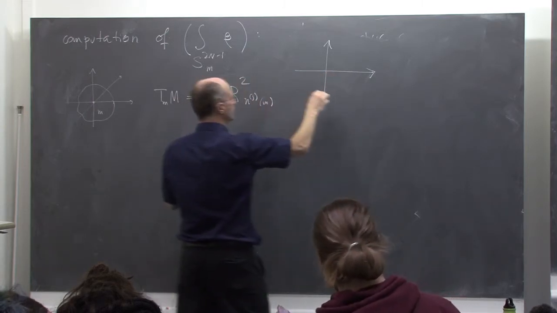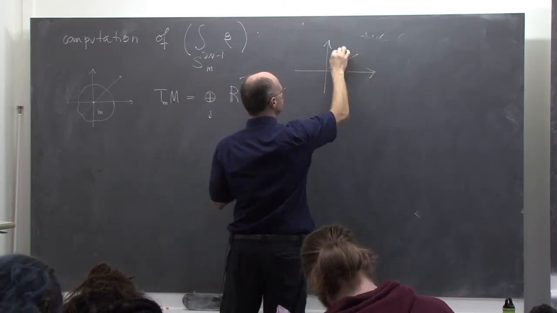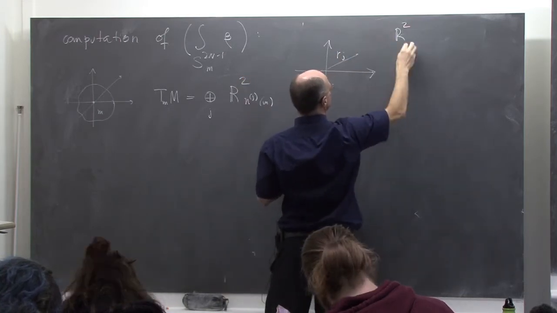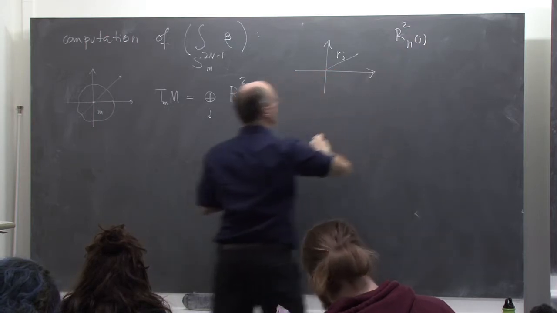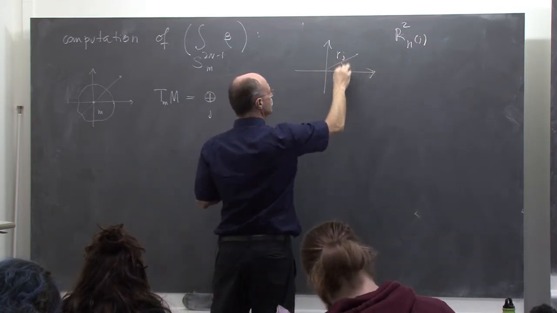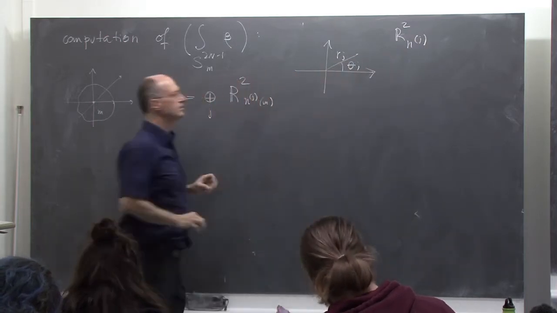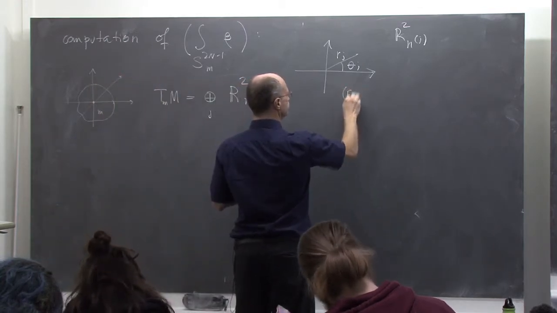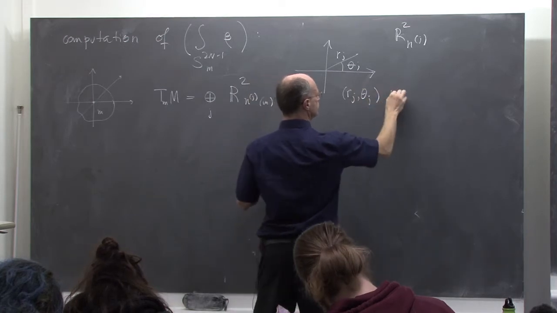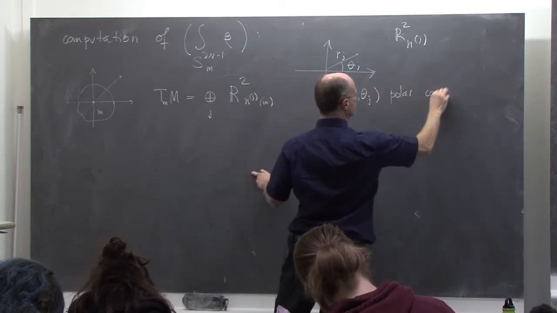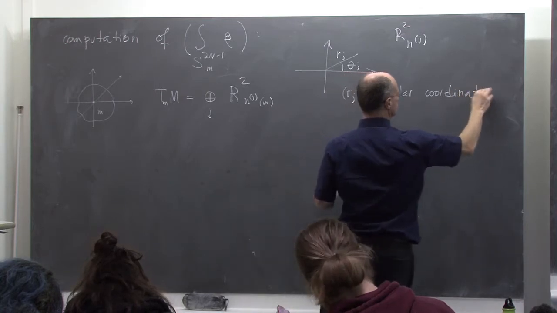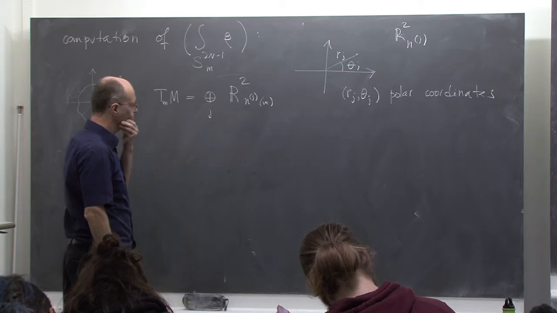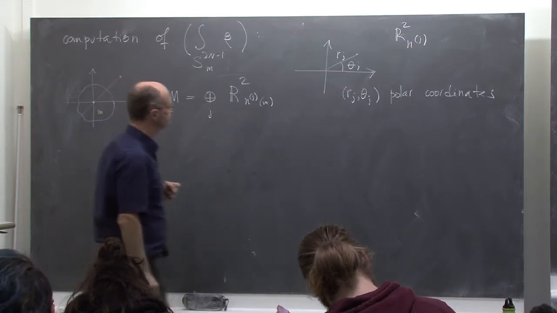So this is the copy R2 with the weight N_j, and so we'll use polar coordinates r_j, theta_j.